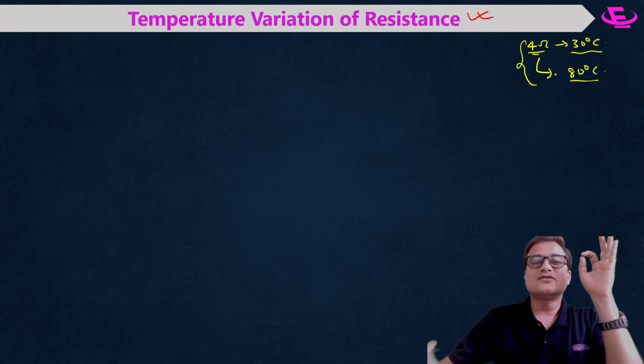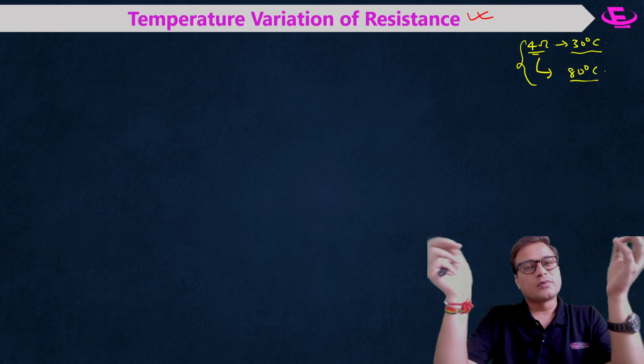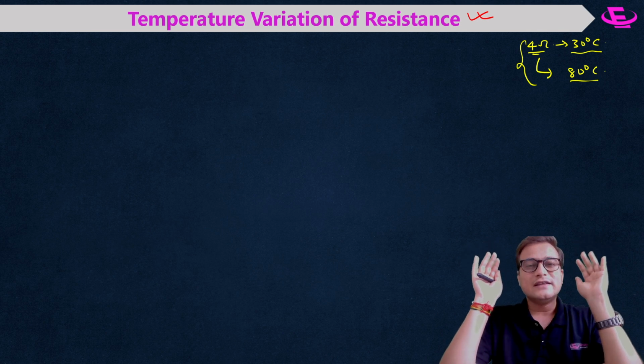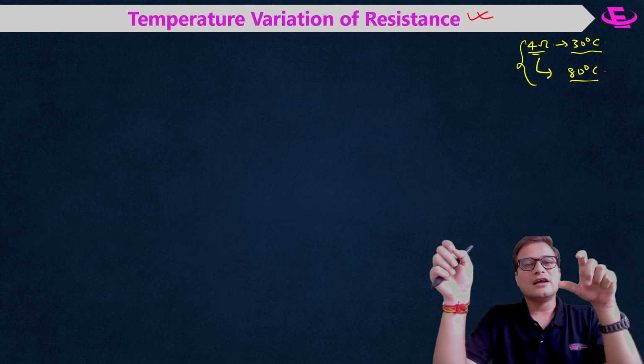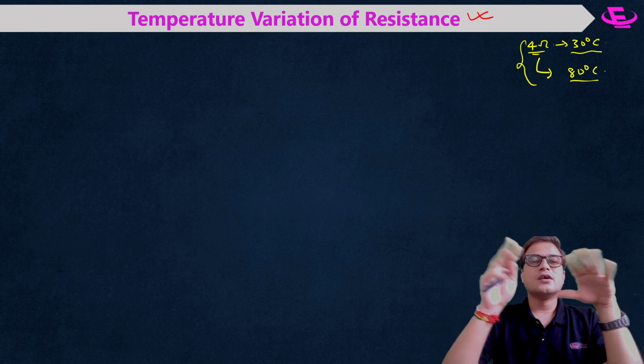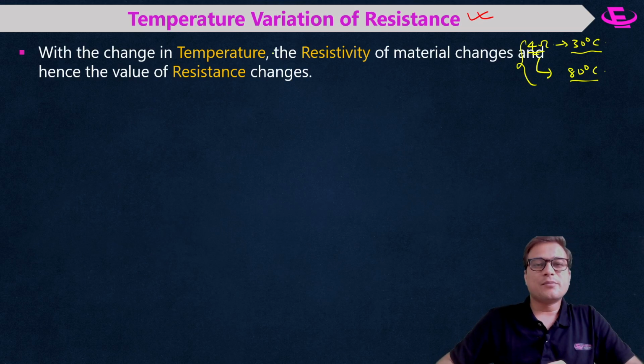Its resistance will change, or even if you decrease the room temperature, the resistance value will change. In fact, the resistivity of the material is changing and hence resistance is changing. So let us see how it changes. With the change in temperature, the resistivity of the material as well as the resistance is changing.